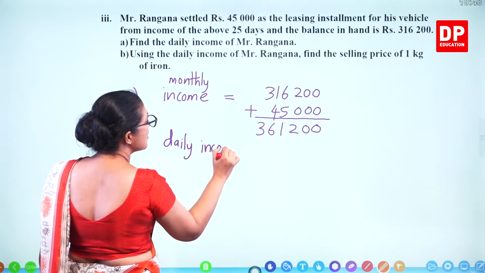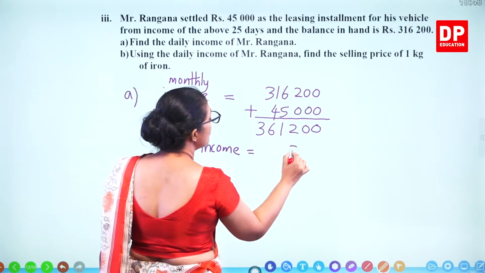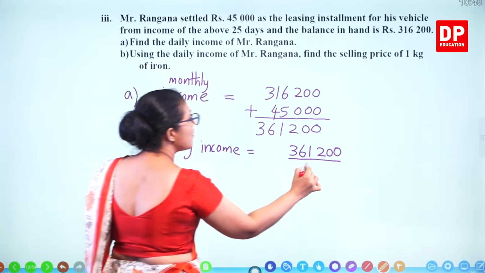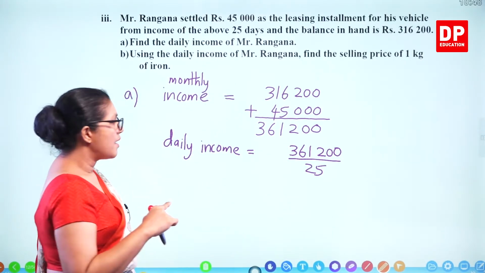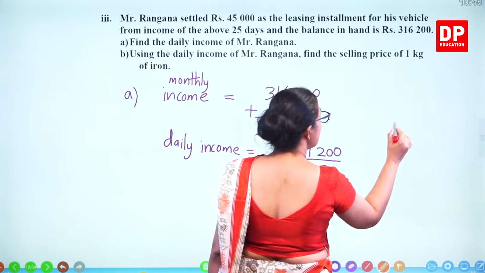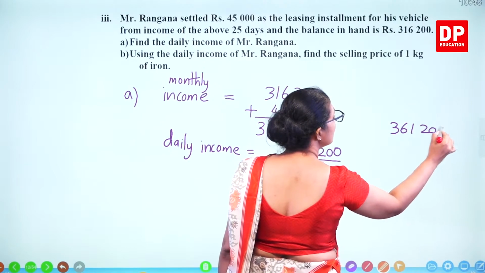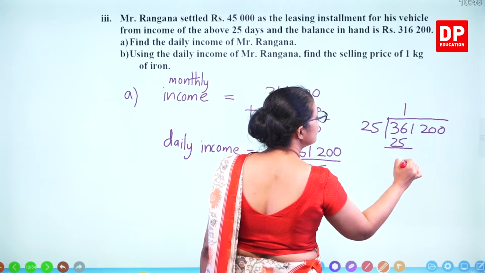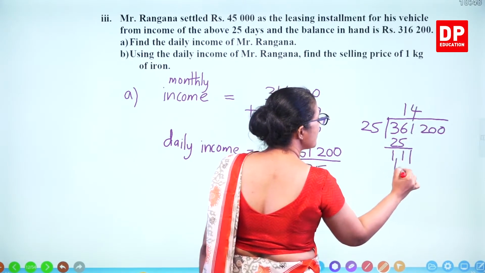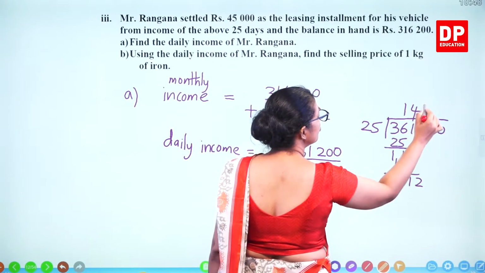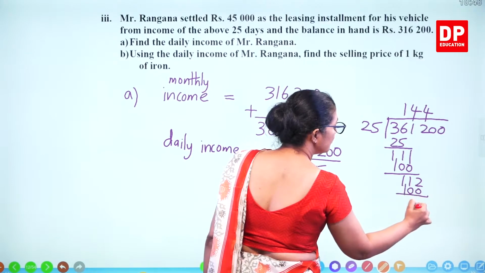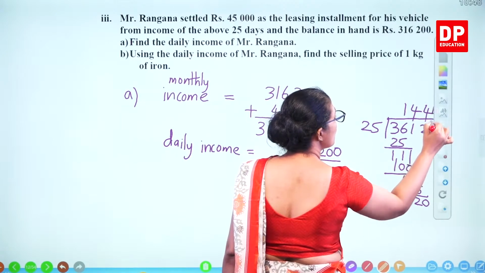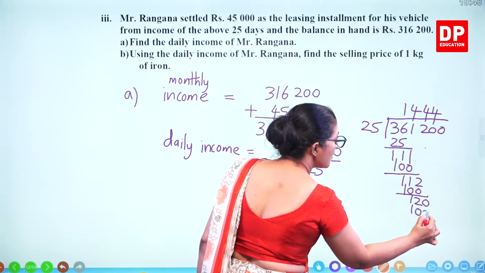Daily income is, you have to take this value, divide by 25, because 25 days this salary, so 1 day means you have to divide by 25. 25 times 1, 400, 4 again 100, this is again 400.